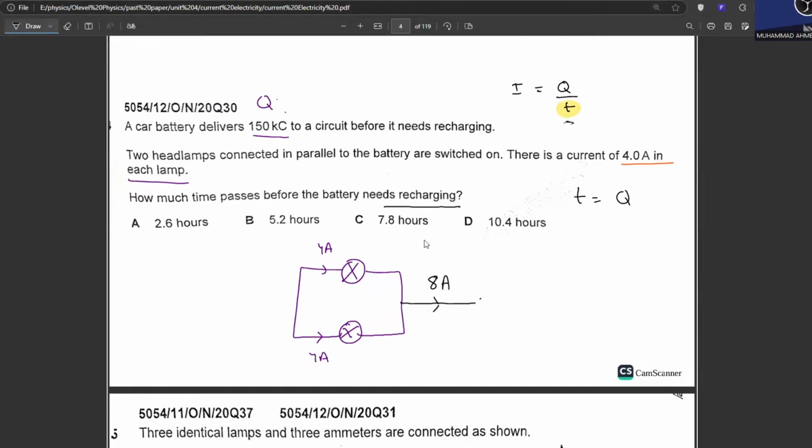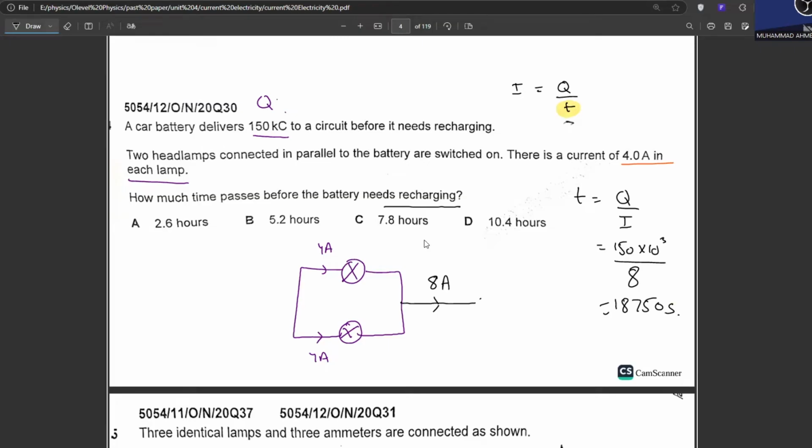Time is equal to charge over current. Charge is equal to 150 into 10 raised to the power of 3. Current is what? Current is 8 ampere. Divide it. Your answer comes out to be 150 into 10 raised to the power of 3 divided by 8. This gives you a value of 18750 seconds.